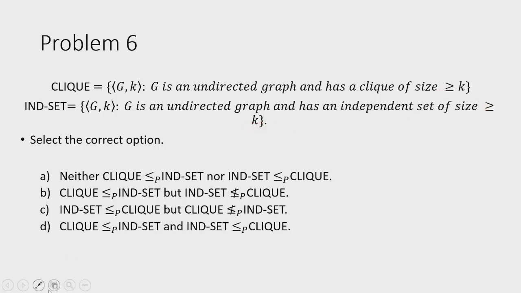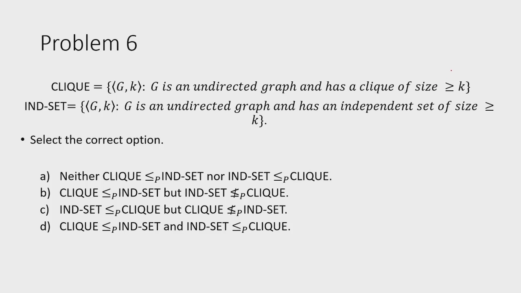Wait, I've messed this up. So clique has to be... Okay, I think it's fine. So the largest independent set... G is an undirected graph and has an independent set of size at least k.